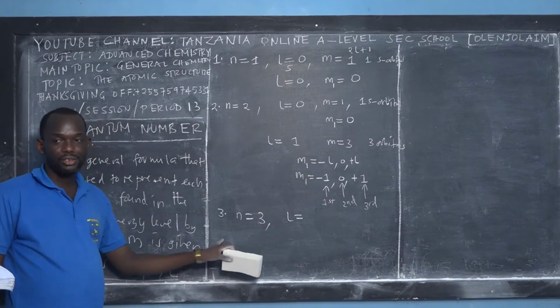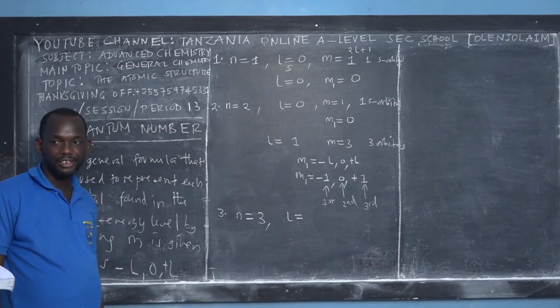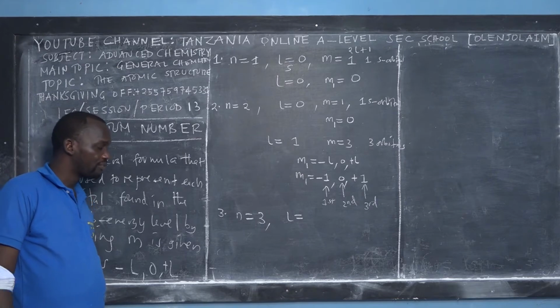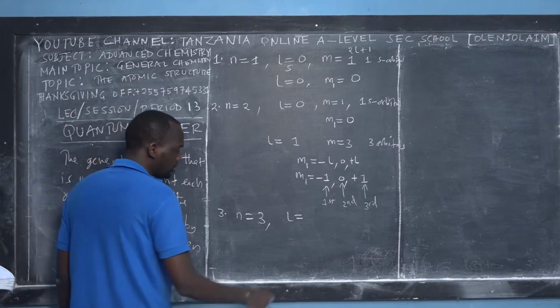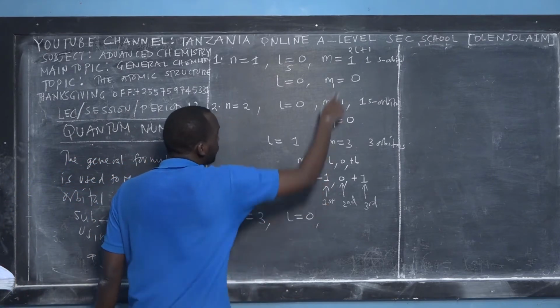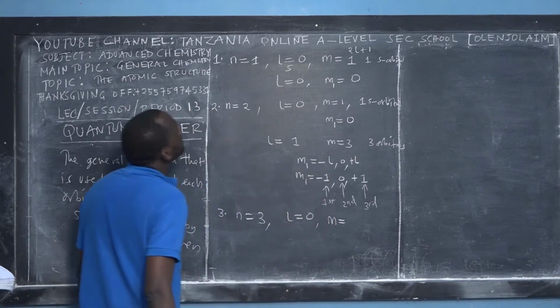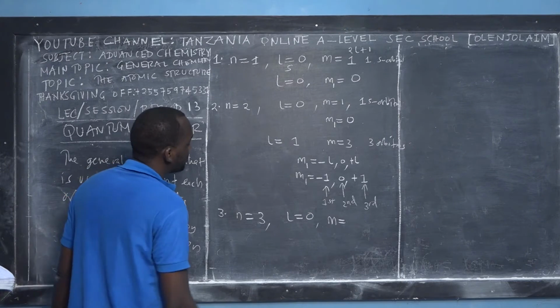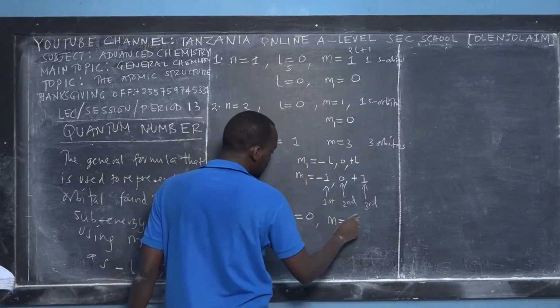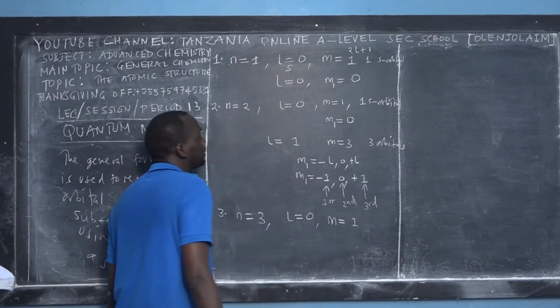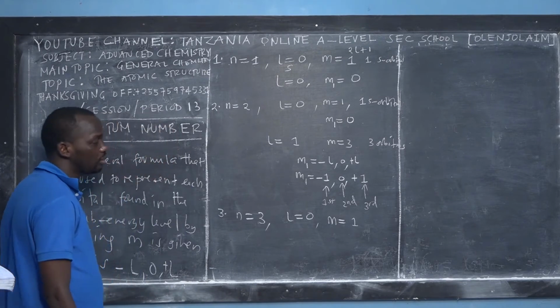So we have n equal to 3. The first sub-energy level is what? When we have 3 minus 3, it is equal to 0. According to this formula, listen carefully, when you substitute 0, we get 1. That is fine. So that is the S orbital, but it's the 3s orbital.